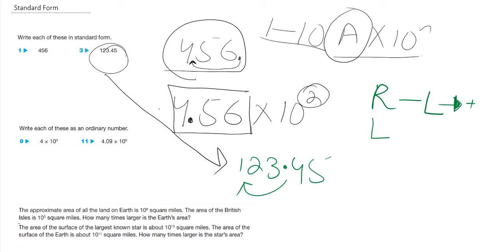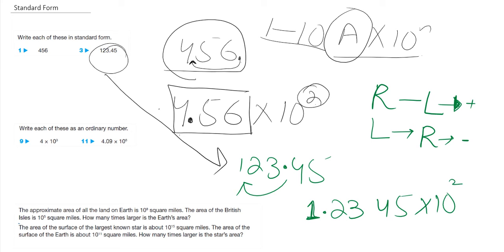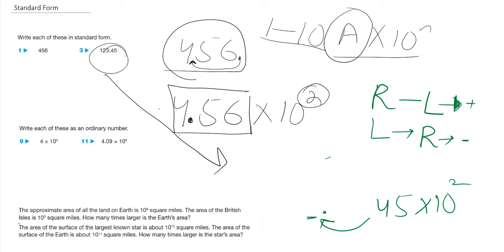But whenever you move from left to right, the power will be negative. So again, we are moving 2 times, and we are moving the decimal point after the first value. The power will be 2 because we moved it 2 times. All right. So this is a way of representing ordinary numbers in standard form.